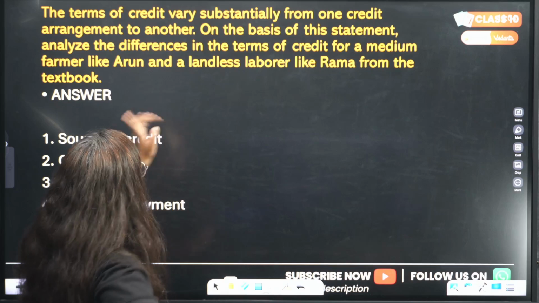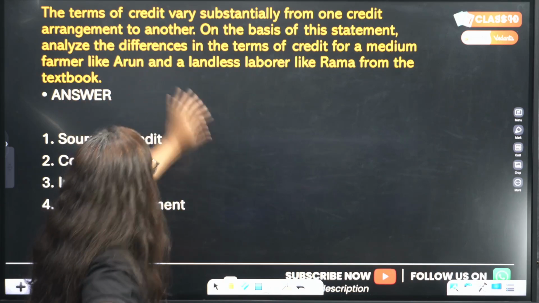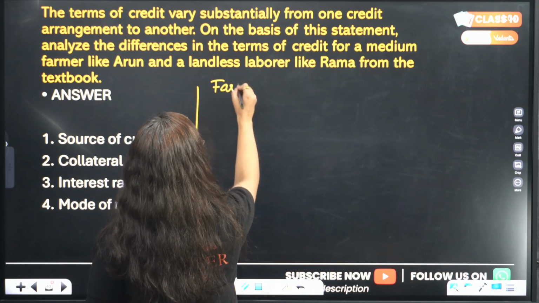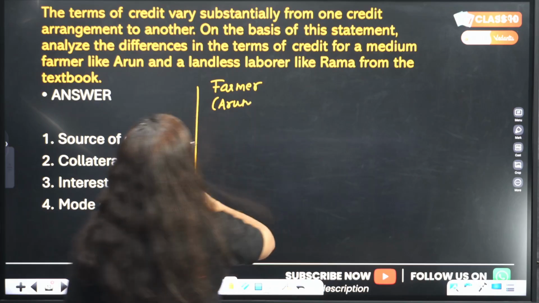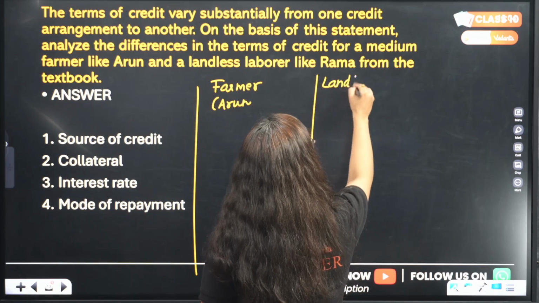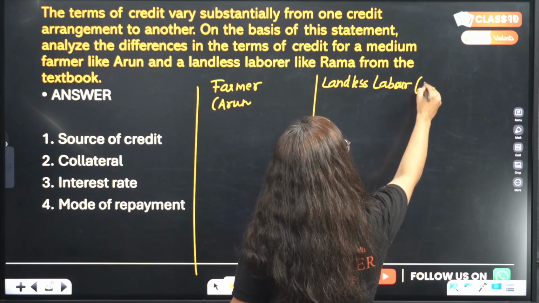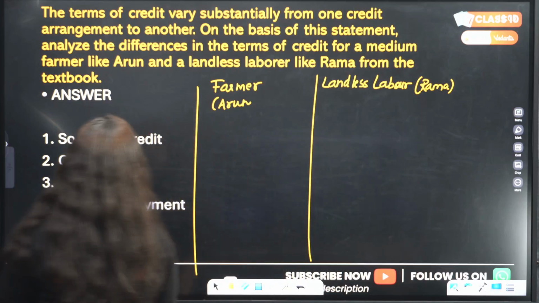For sure. On the basis of this statement, a farmer like Arun and a landless laborer. So here is a farmer whose name is Arun, and here is a landless laborer whose name is Rama, and we need to compare the condition of credit for both of them.